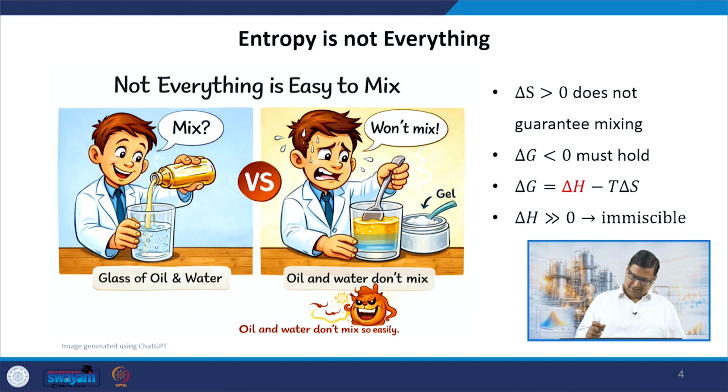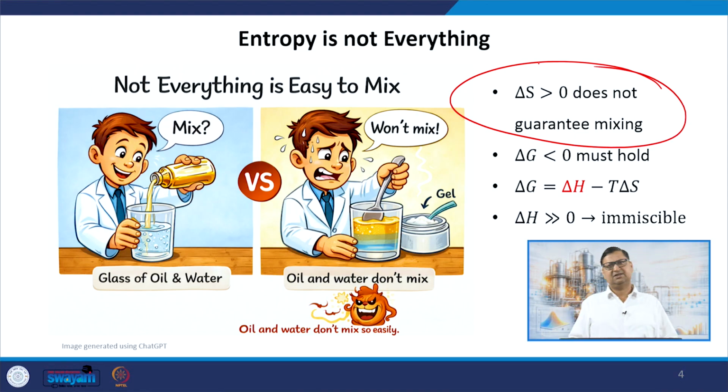The reason for this is, although I have said that higher entropy is favored, delta S greater than 0 does not always guarantee mixing, right. It is true that the second law of thermodynamics says that the entropy of the universe is always increasing, but that does not mean that the entropy of a system cannot decrease, because you have a system and the surroundings, right.